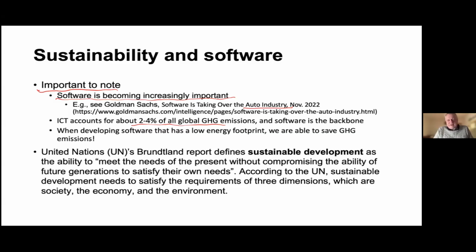And when you consider software as the backbone, then you see that software is also part of a problem we need to tackle in a holistic way, and not only considering one or two aspects. As a consequence, by developing software that has a low energy footprint, both the software and the development, we can save greenhouse gas emissions, and this is something we want to have.